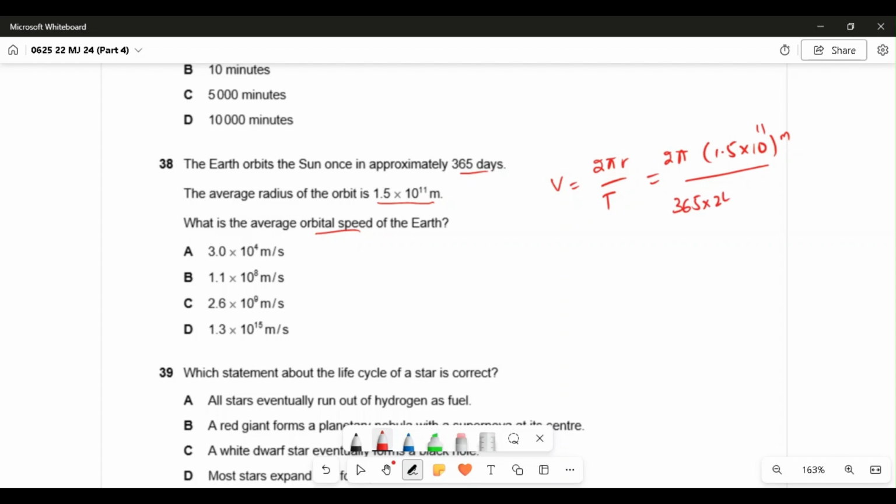Each day has 24 hours, each hour 60 minutes, each minute 60 seconds. When I divide, I get 2.7 times 10 to the power 4, approximately 3 times 10 to the power 4 meters per second.